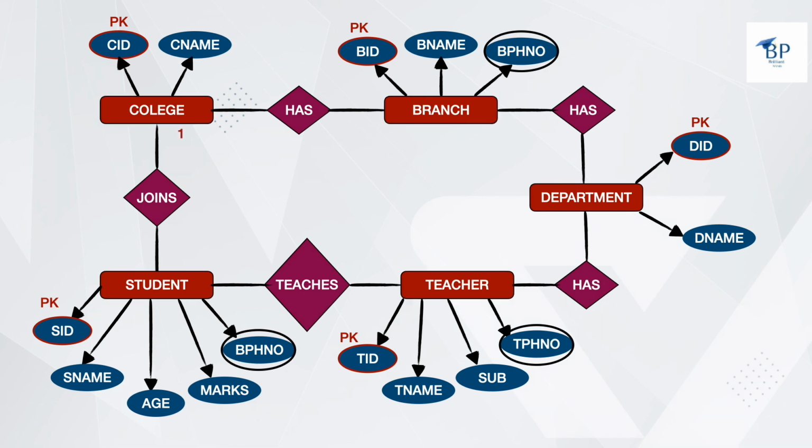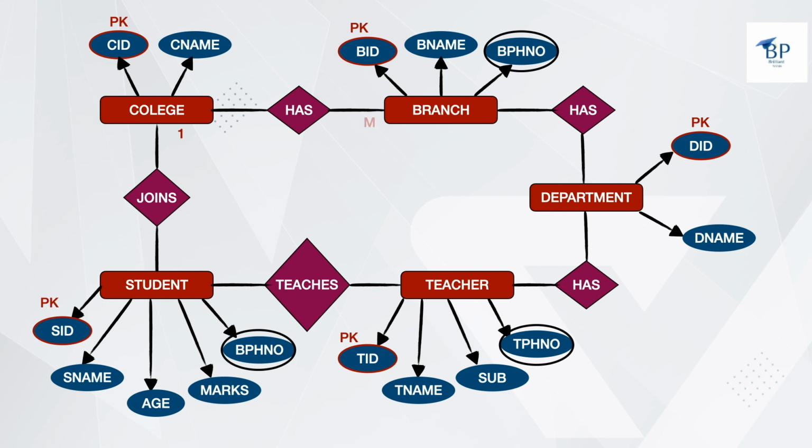Next, branch. Suppose I take only one branch, Hyderabad branch. For one branch, how many departments will be there? Many departments. It means again we are making a one to many relationship or not? Yes. Between branch and department, the relationship is one to many.